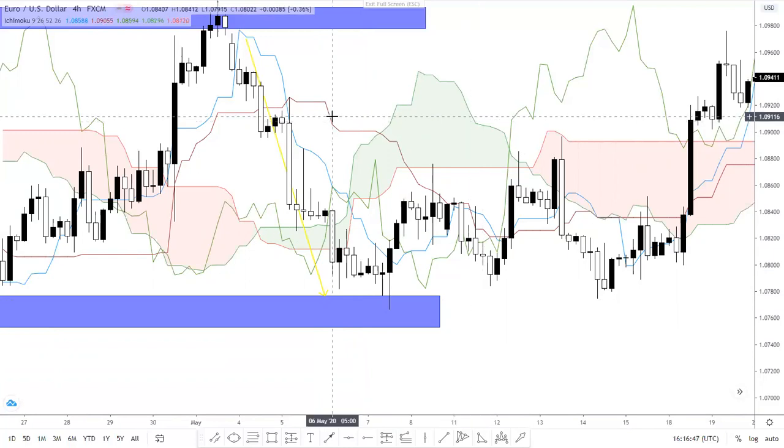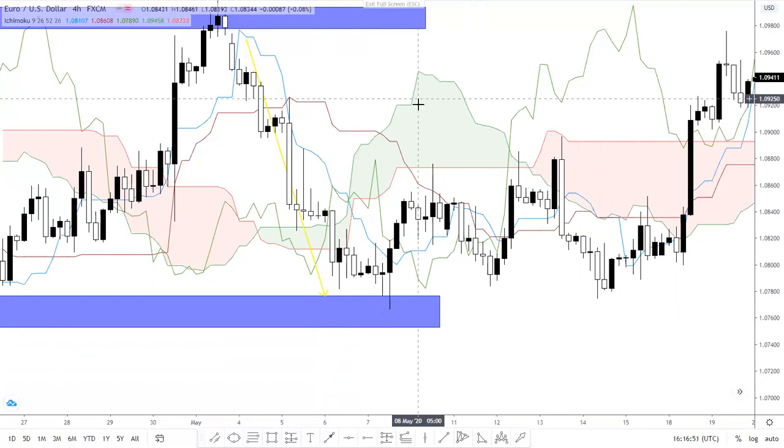If it's blue, that means that's bullish pressure, that's buyers' territory. So it can serve as a confirmation.